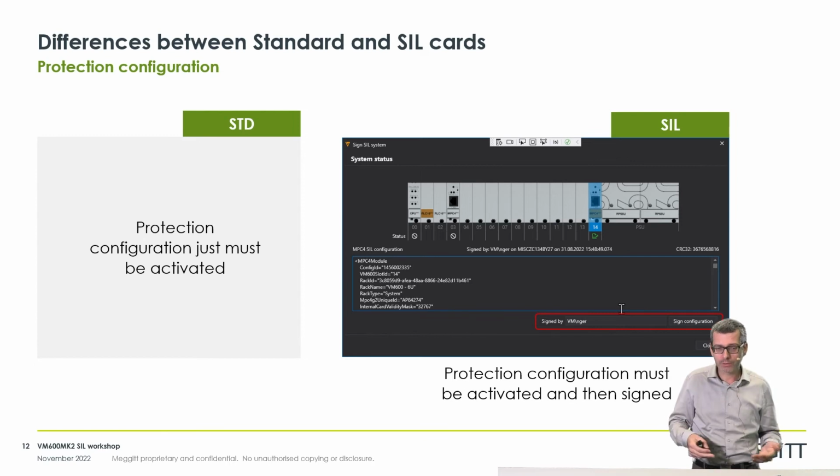That means we can come a few months or years later and check that signature using vibro-meter System Manager or vibro-meter Protect, and we can be certain that nobody changed the protection configuration. The signature has the proper date and the proper CRC, and everything is untouched.